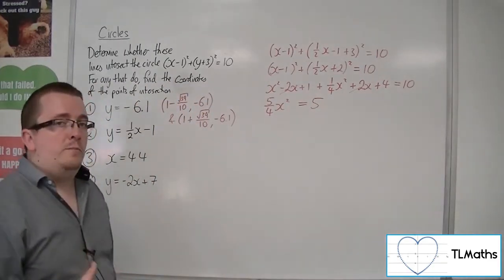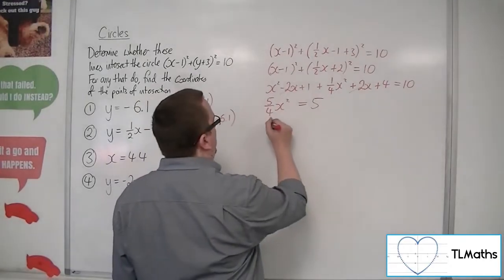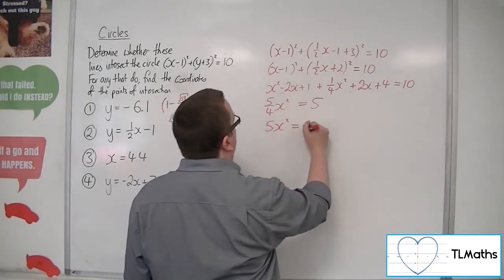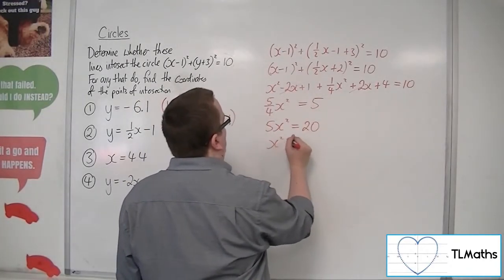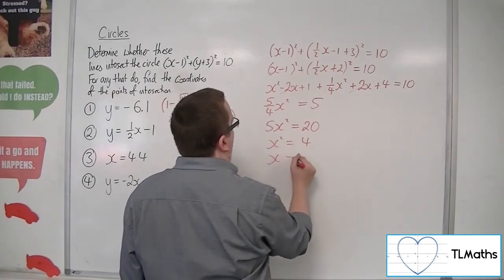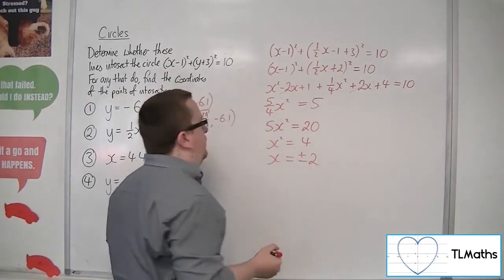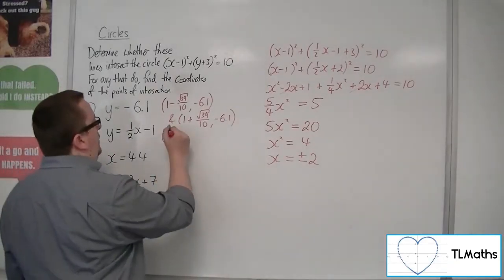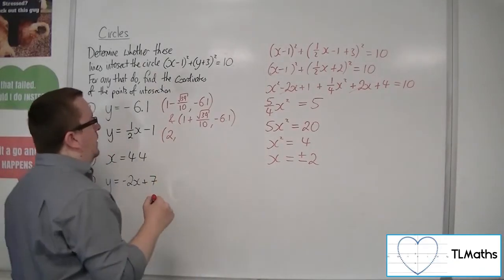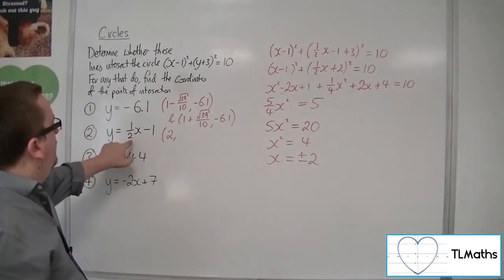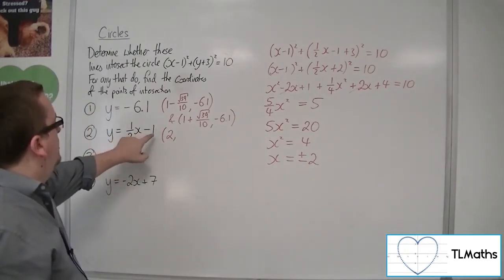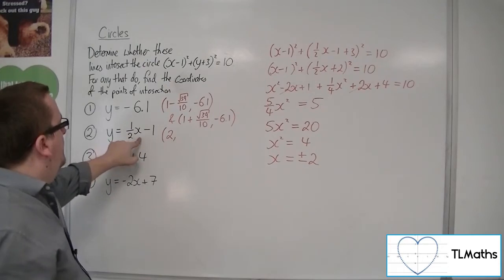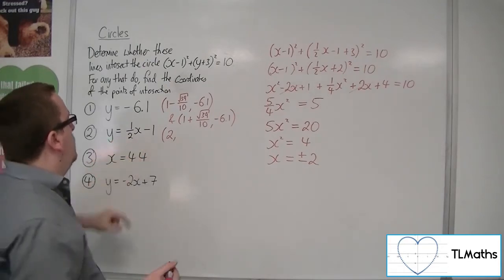So we're just going to have 5/4 x² = 5. If I multiply both sides by 4, I get 5x² = 20. So x² will be equal to 4. So x will be plus or minus 2. So when x is positive 2, the y value is 1/2 times 2, take away 1, which is 0.